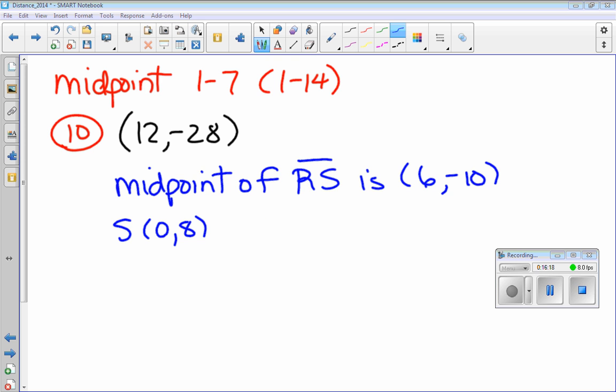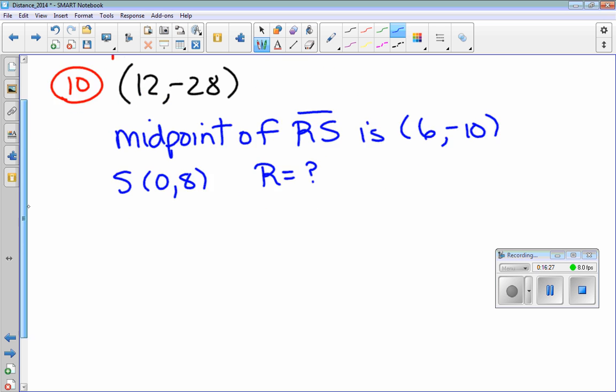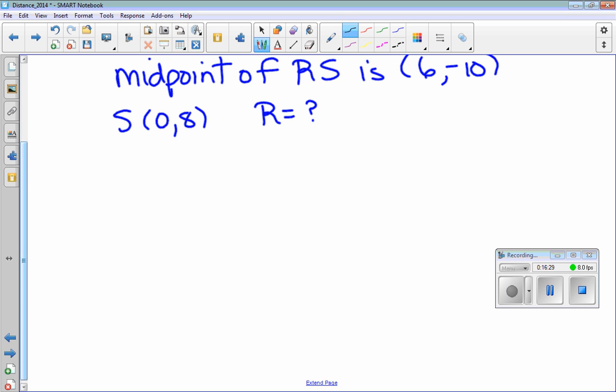We need to find R. Okay? So remember the formula for midpoint is this. The x-coordinate of the midpoint is the sum of the two endpoint values divided by 2. So we have to pay attention to what numbers go where.